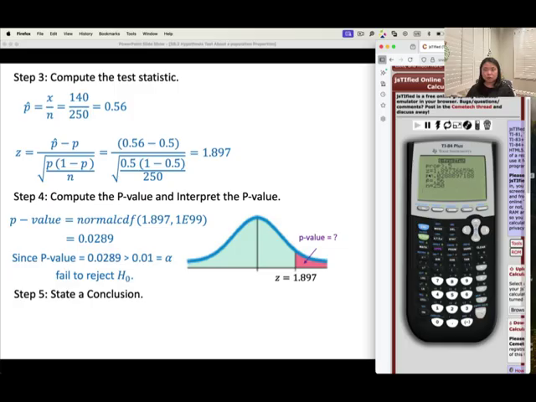You're going to see we have the test statistic 1.897, and then we have the p-value 0.0289. Also the p-hat, the sample proportion, will be 0.56. We have the 0.56 in here. Make sure you know how to use your calculator to check your work in the exam.